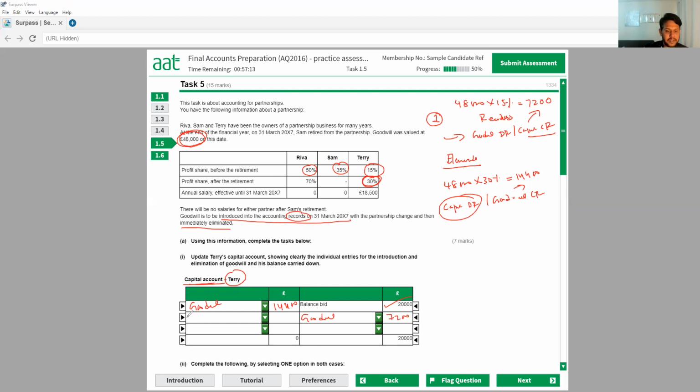And you have to calculate the balance. We add 20,000 plus 7,200, that will be 27,200. We minus the 14,400 to find the balance, that is 12,800. That's it. That's how we do the capital account for Terry. But be very careful with the journal. You need to make sure you memorize the journal for recording the goodwill and also how to eliminate the goodwill.